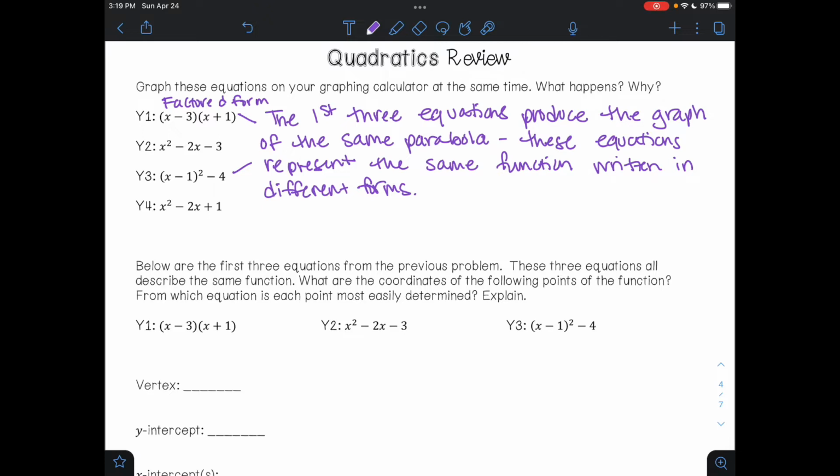This second equation is written in standard form, ax squared plus bx plus c. And this third equation is written in vertex form.